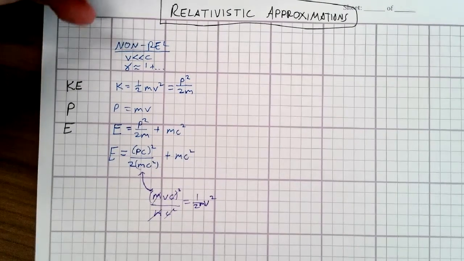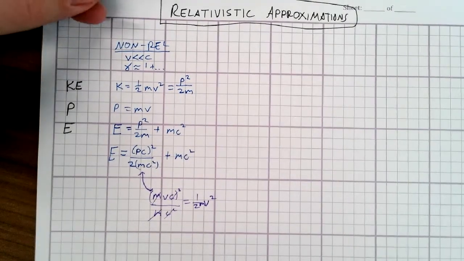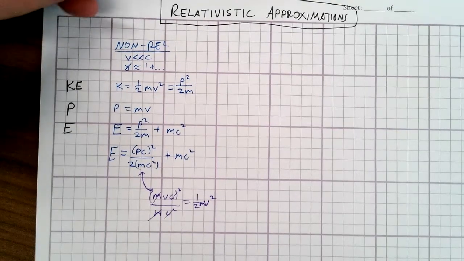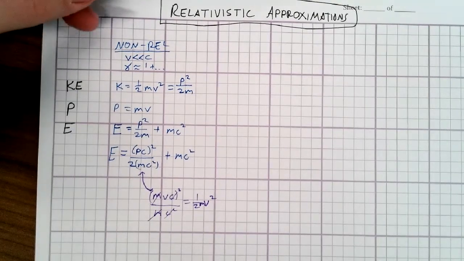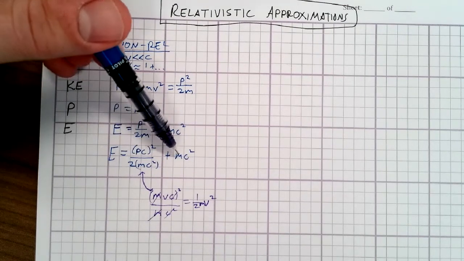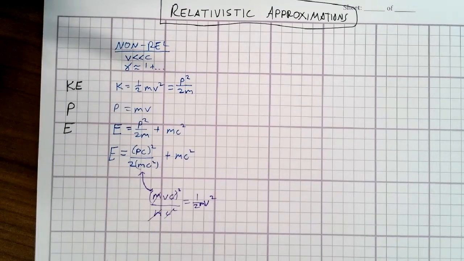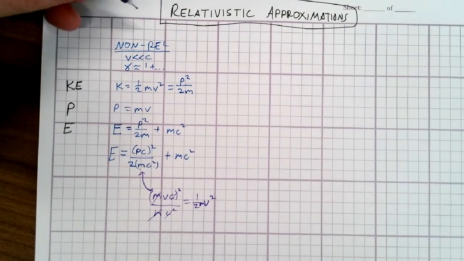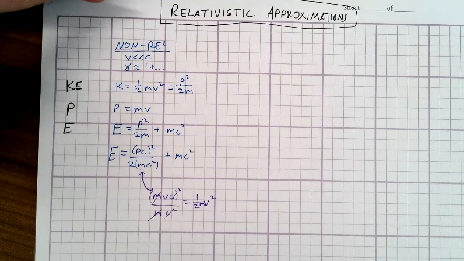And this is going to be our important thing to keep track of. How do I know when I'm non-relativistic? Well, I know that my momentum term or my kinetic energy term is much, much less than my mass term. So some new restrictions that we can put on here.